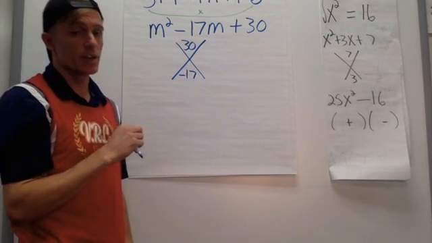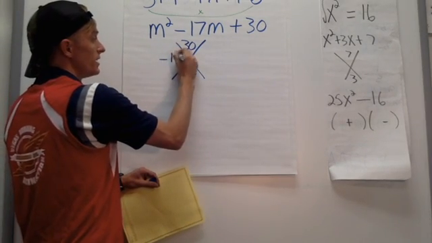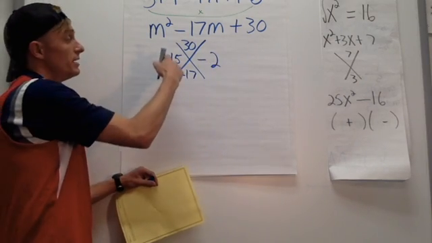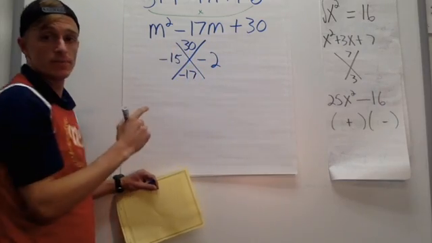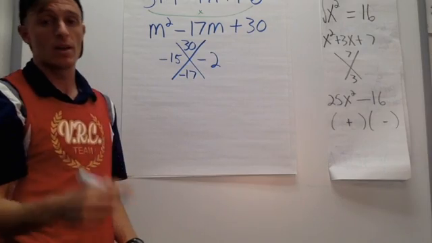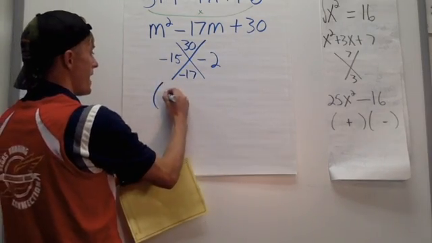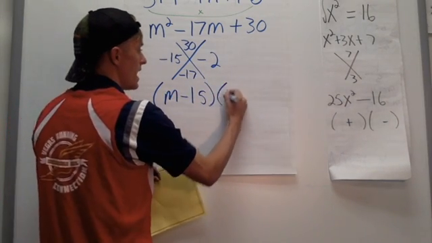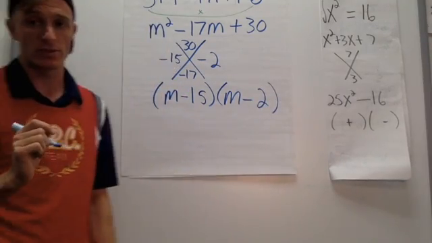Now that's a little tricky because you have to have negative numbers, but those two numbers are going to be negative 15 and negative 2. Negative 15 times negative 2 is 30, and negative 15 plus negative 2 is negative 17. All right, so now we make our factors. So we go m minus 15 and m minus 2. Boom, got the factors.